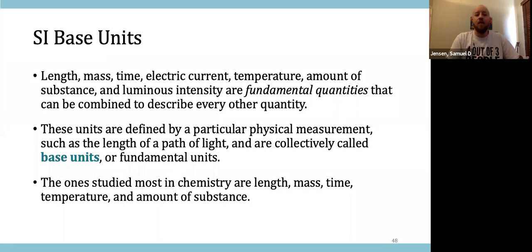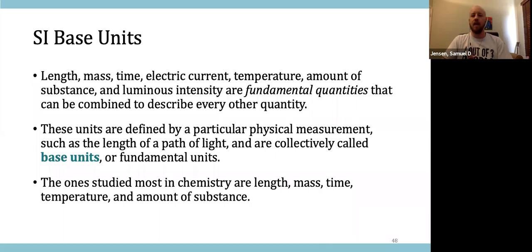And so once you know the conversions of the metric system, they work whether you're talking about length or mass or time or electric current or temperature or luminosity or the amount of substance. It doesn't matter. The metric system conversions are the same across any of them. Once you know the prefixes, the conversion factors between them are the same, right?